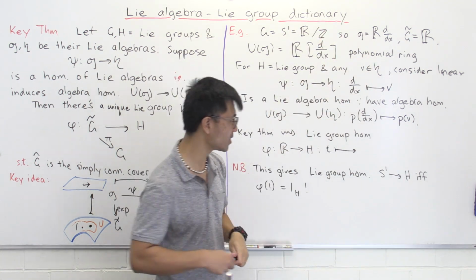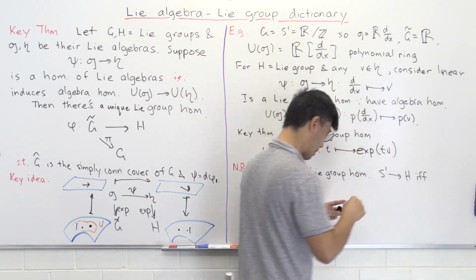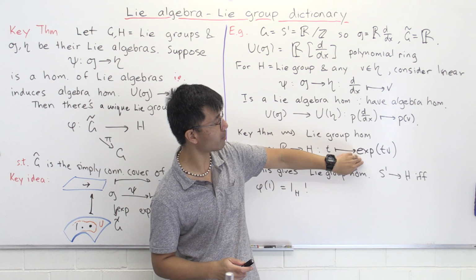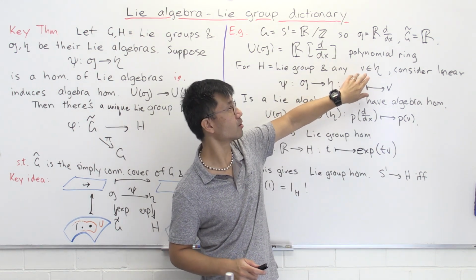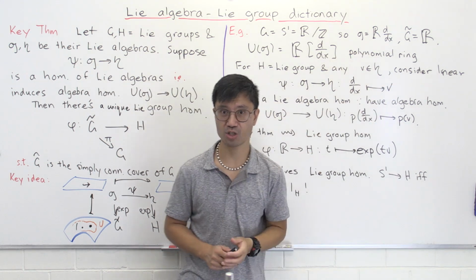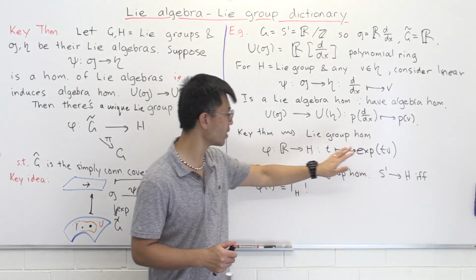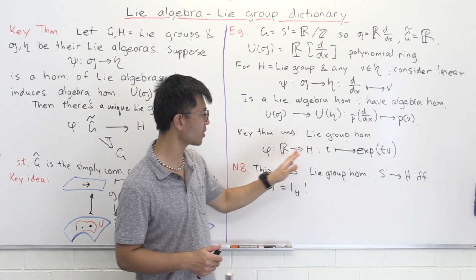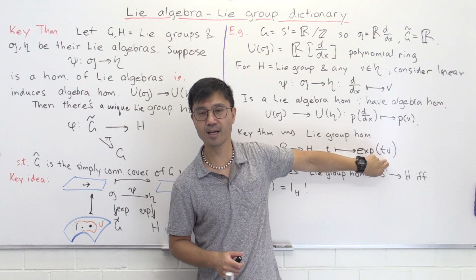So I hope you can guess what it is. It's the corresponding one-parameter subgroup associated to this left invariant vector field that's given by this V inside H. So it's quite easy to see what's going on here. If you want to differentiate this, if you want to do d phi, essentially you just differentiate this with respect to t.